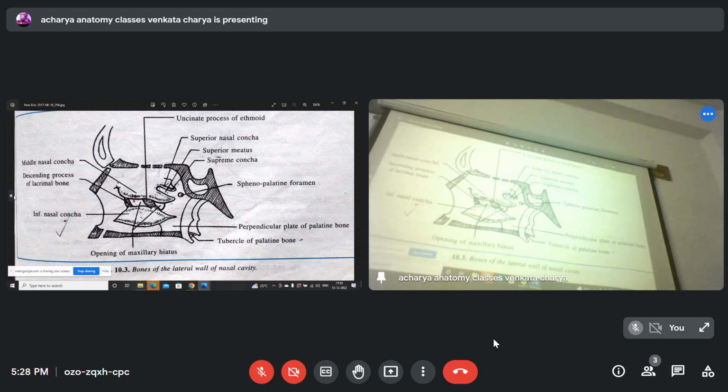Next point, on the lateral wall of the nasal cavity there is a presence of 3 bony shelf-like structures called conchae. How many conchae? 3.